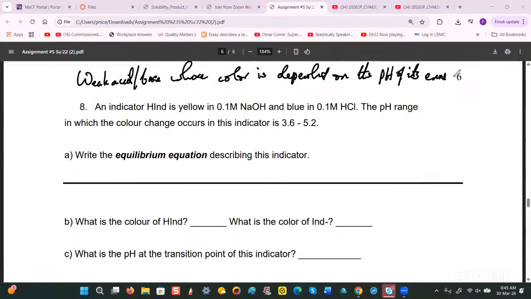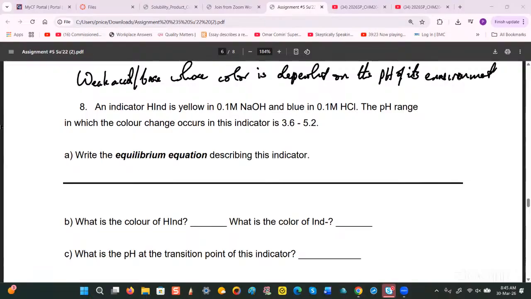So in one environment where the pH is high, the indicator will take on a particular color. If the pH is low, then the indicator will take on a different color. So that's basically what an indicator is.